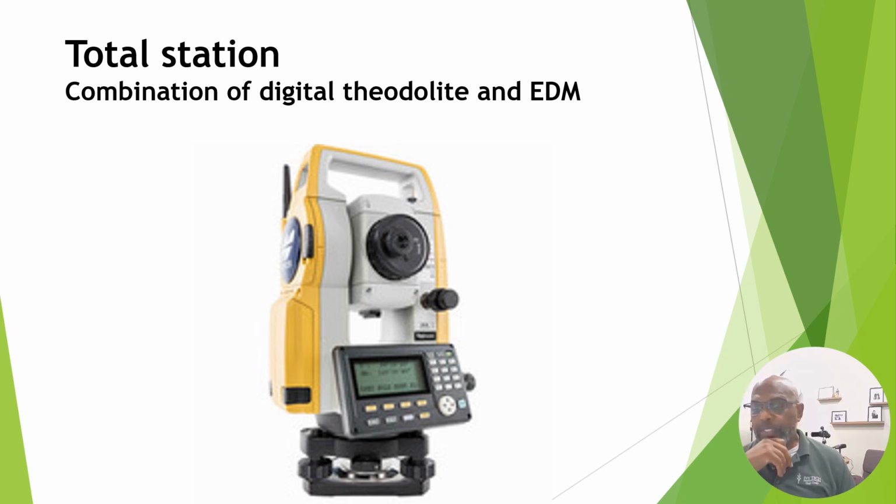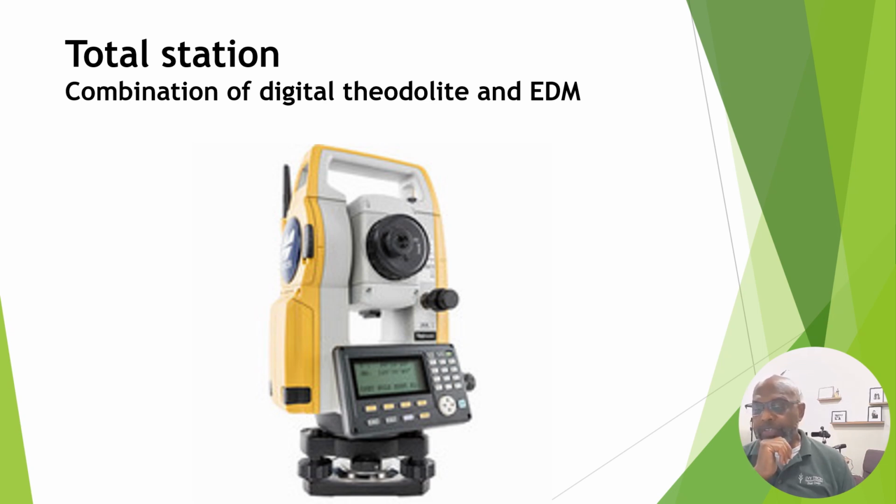Complex projects can now be calculated on a computer in the office, and the data uploaded to the data collector. The data collector is then taken to the field and connected to the total station, where hundreds of points can be rapidly established.